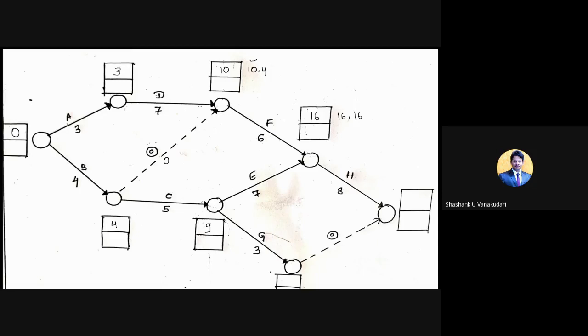Okay, and now 9 plus 3 is 12. Then 12 plus 0, one value is 12, and one more is 16 plus 8, which is 24. So I need to consider the maximum value, that is 24. I'm writing it as 24 only.